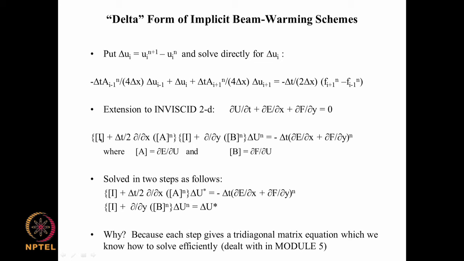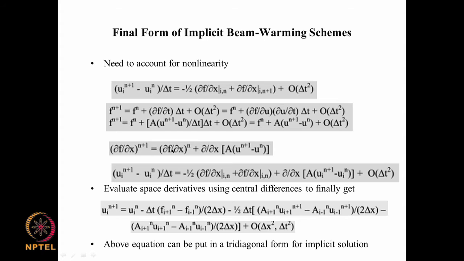This is written as [I + (delta t/2) ∂/∂x of A] times [I + (delta t/2) ∂/∂y of B] delta u^n equal to minus delta t [∂E/∂x + ∂F/∂y]^n, where A is ∂E/∂u and B is given as ∂F/∂u here.